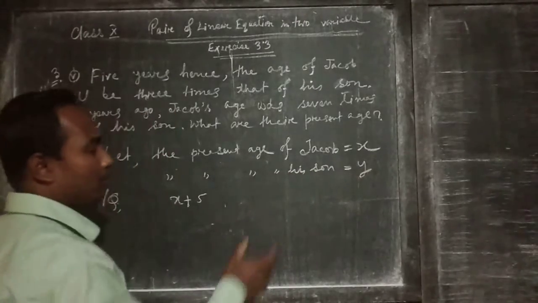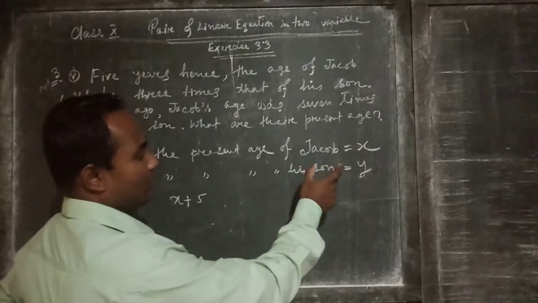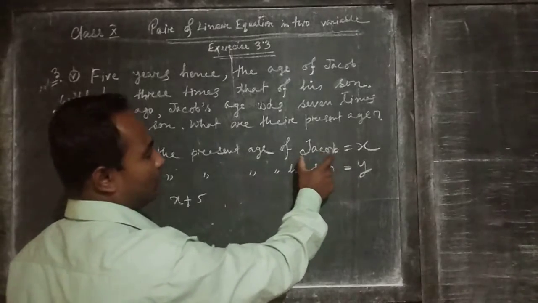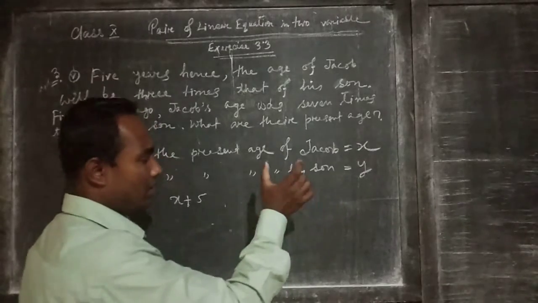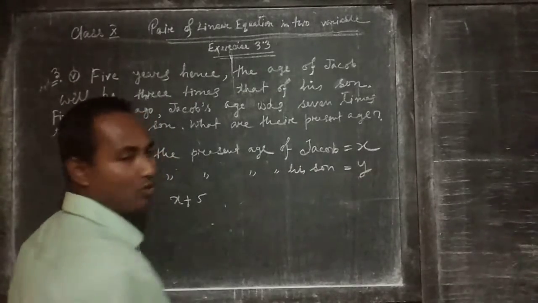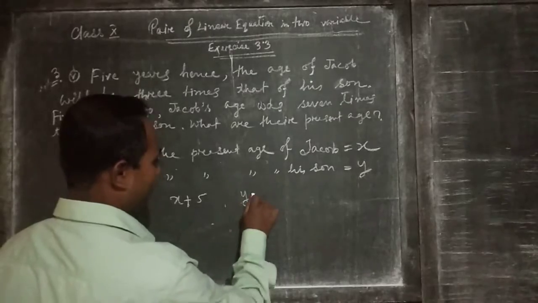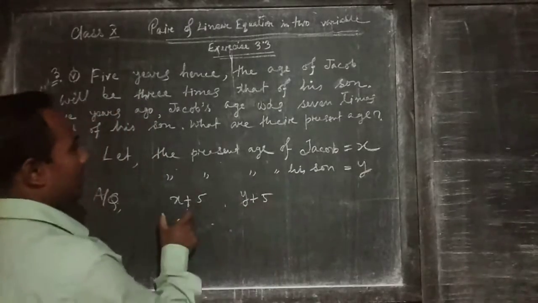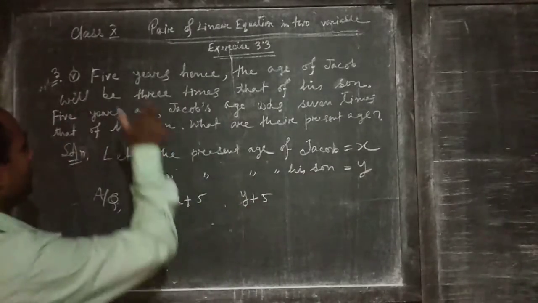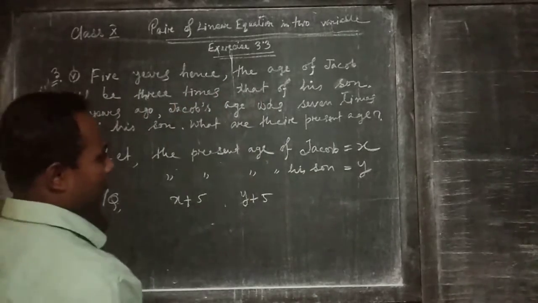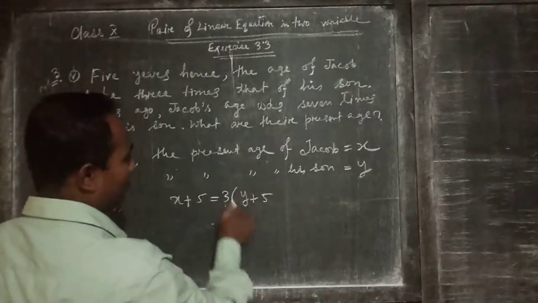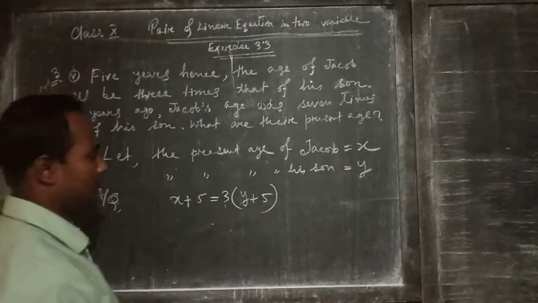So after 5 years Jacob's age will be x plus 5, and after 5 years the age of his son will be y plus 5. Then the condition is that Jacob's age will be 3 times that of his son.